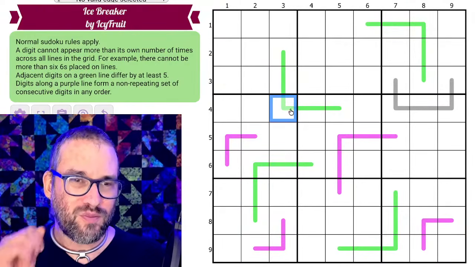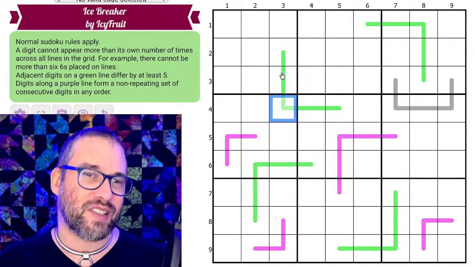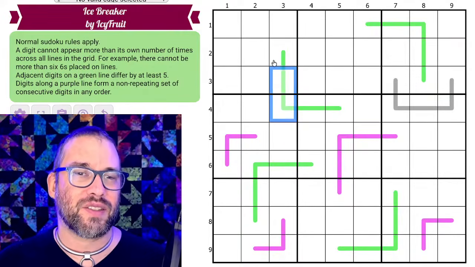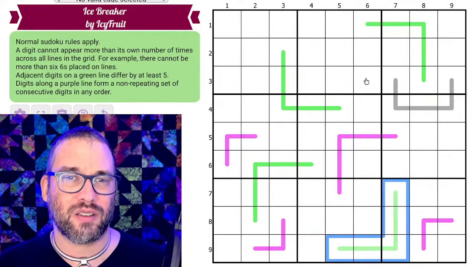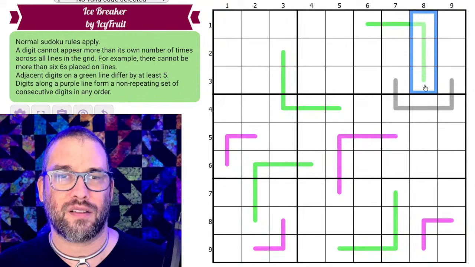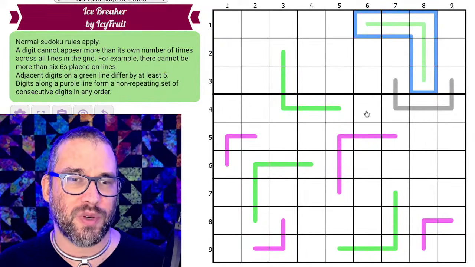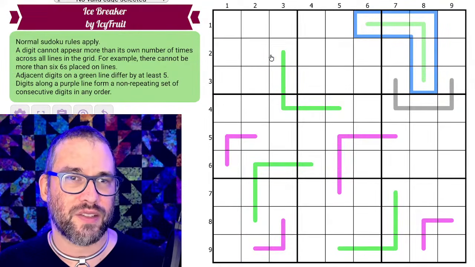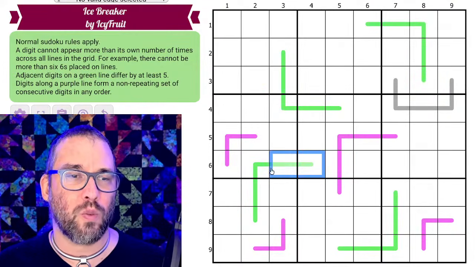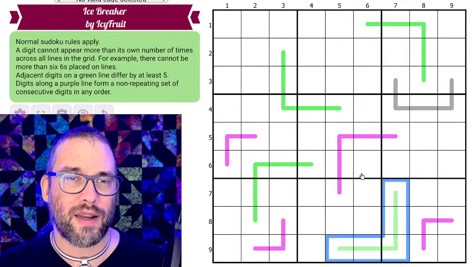So there are at most 6 6s on lines, which is going to create some nice pressure, especially for low digits on German whispers, because there can only be a single one on every line.